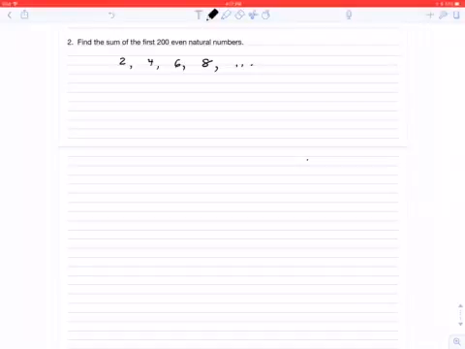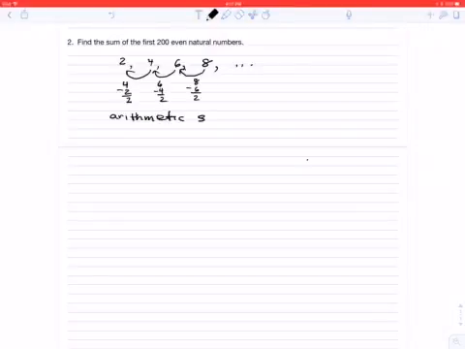So it's an arithmetic sequence because the difference between each term and its preceding term is a constant. 8 minus 6 is 2. 6 minus 4 is 2. 4 minus 2 is 2. So again, it's an arithmetic sequence with a common difference, or d, of 2.